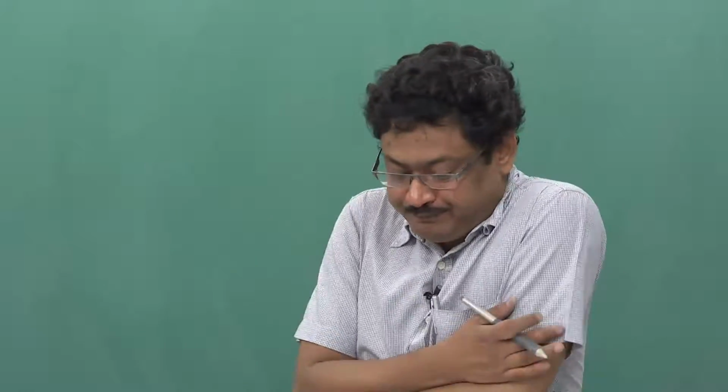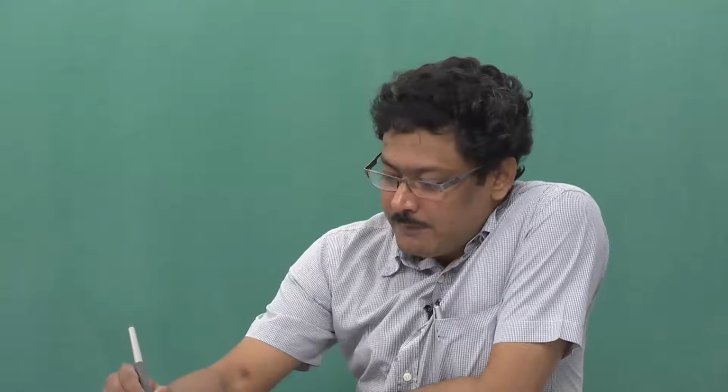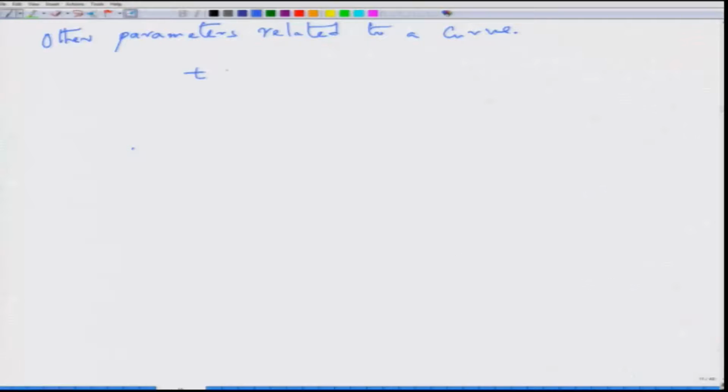Now, see, suppose T is a tangent vector, that is gamma dot s, T s. What is the length? 1, right.